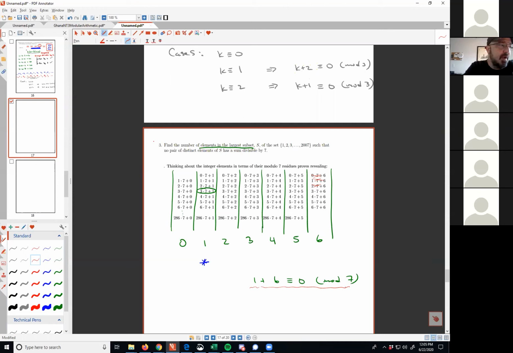So if we have, I'm going to name these columns, call them column 0, column 1, column 2, column 3, column 4, column 5, column 6. If I have a number that is in column 1, I cannot include any numbers from column 6. If I have a number that is in column 6, I cannot include any numbers in column 1.